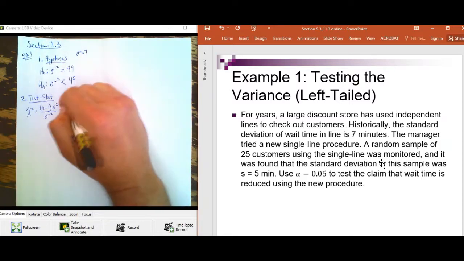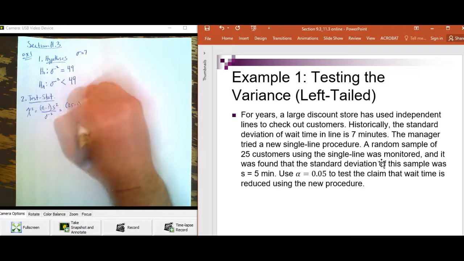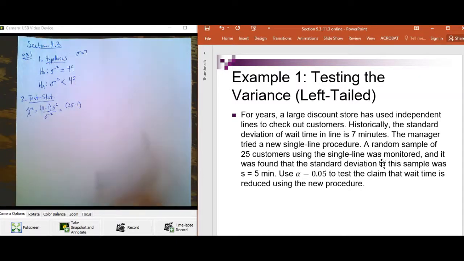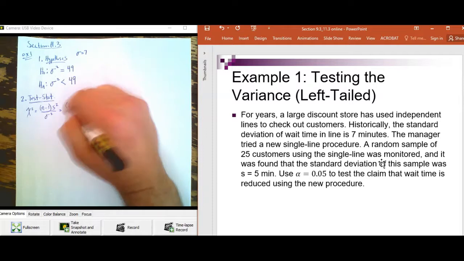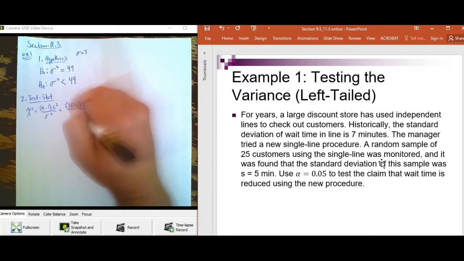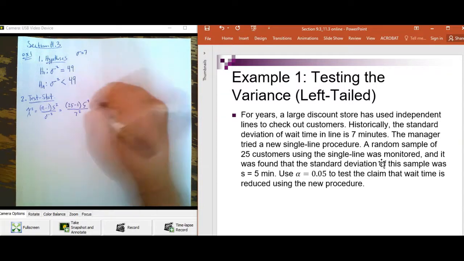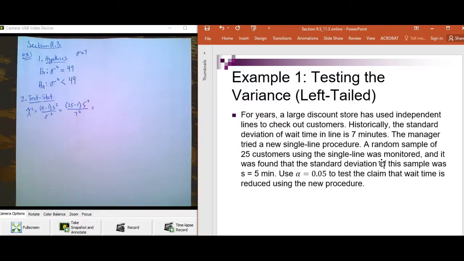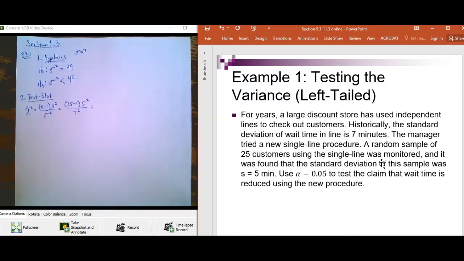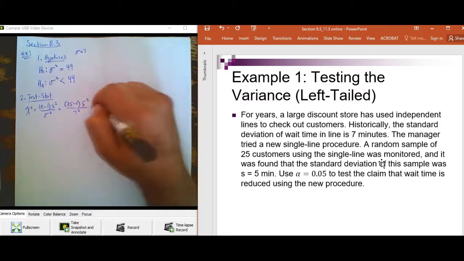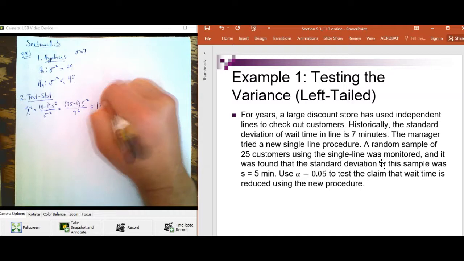So that would be 25 minus 1 times our standard deviation squared, which is 5 squared, over sigma squared, which we said was 49. We'll just write 7 squared there. So let's calculate that. 24 times 25 divided by 49. Here we're getting 12.24.